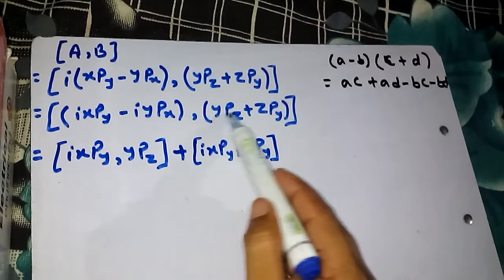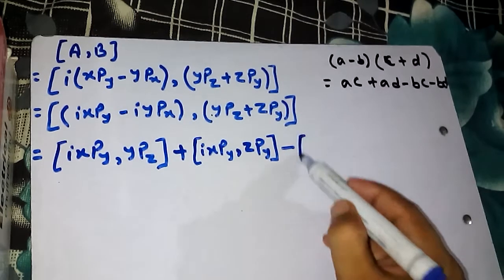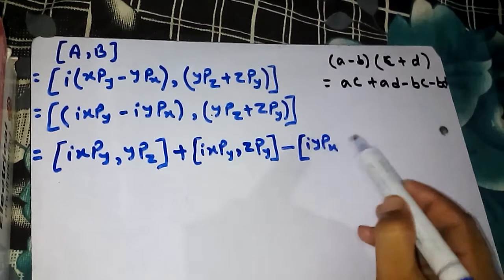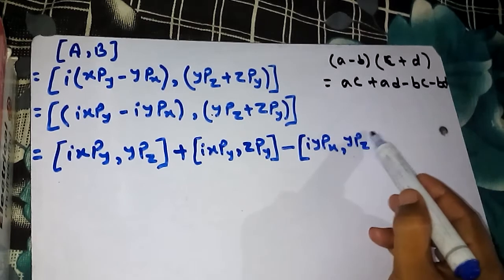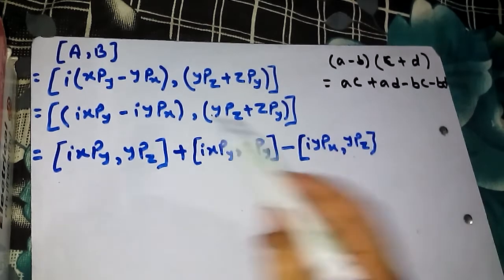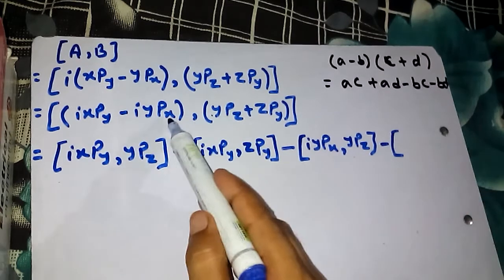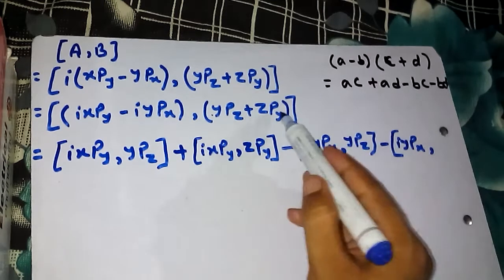Then this term and this term, and there will be a minus sign because minus times plus: i ypx and ypz. And then minus again, the commutation of i ypx and zpy.